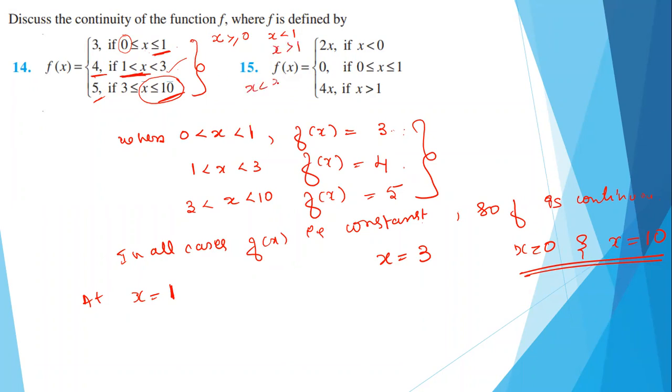X less than 3 is also given, x greater than 3 is also given. But x less than 10 only is given, greater than 10 is not given. Here also greater than 0 is given, less than 0 is not given. So cancel this and this, you need not check. Only you need to check for x is equal to 1 and x is equal to 3. Satvik, do you understand now?